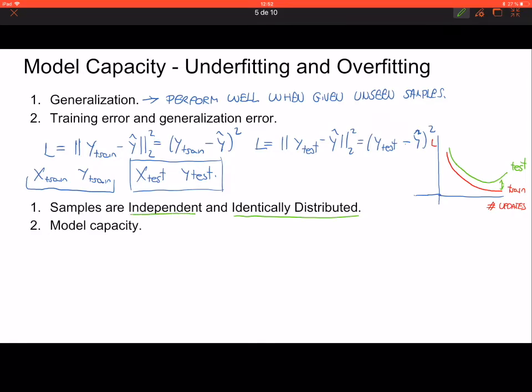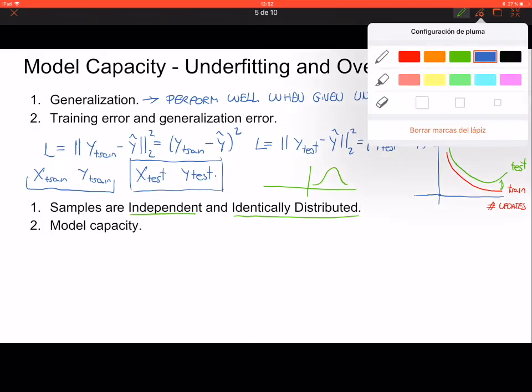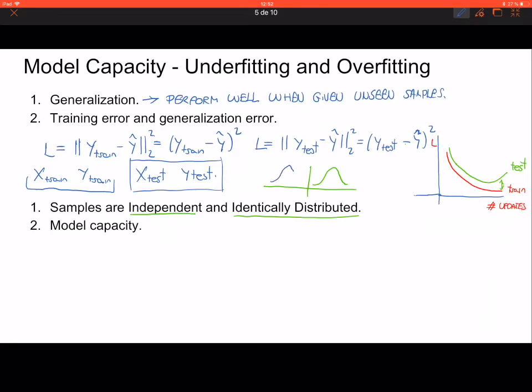There shouldn't be any correlation between samples, but they also need to be identically distributed, not only within the same set, but also across the two different sets. So if I have a distribution for my training set, I cannot have a different distribution for my test set. The distribution for my test set needs to be the same. So the data generating process needs to be essentially the same.